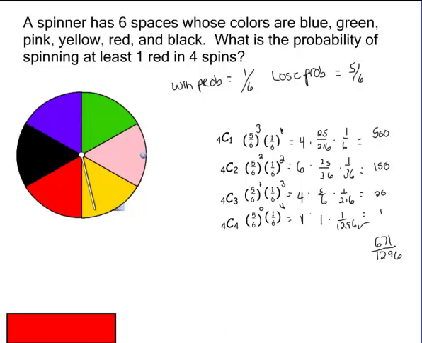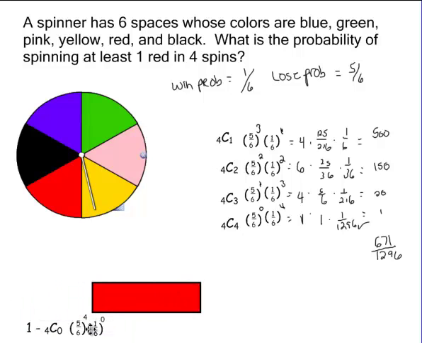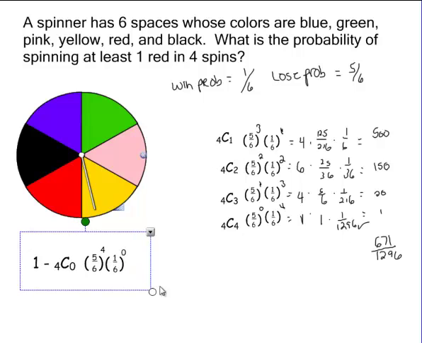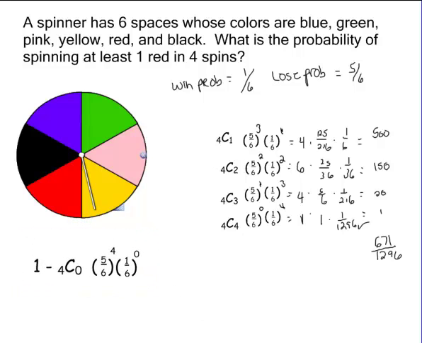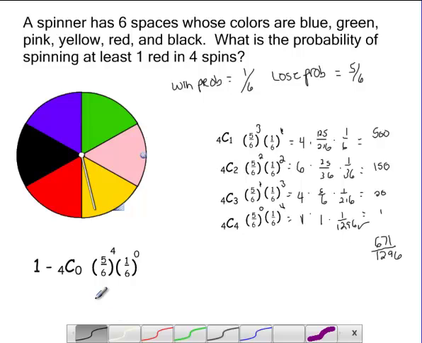Now there is a much shorter way to do it. Only on this example. You see, there's only one way I'm going to lose, and that's if no red shows up at all. So I know probability has to add up to 1.